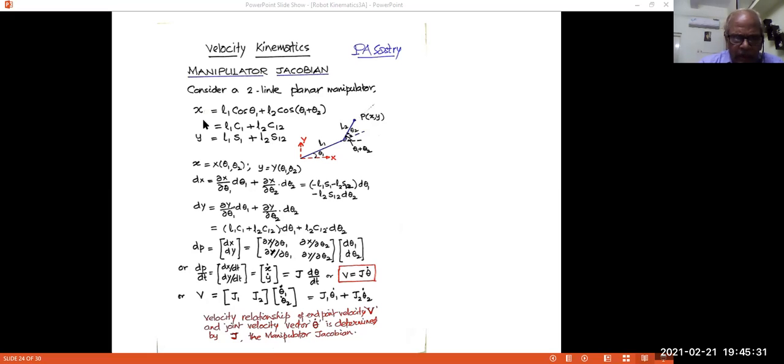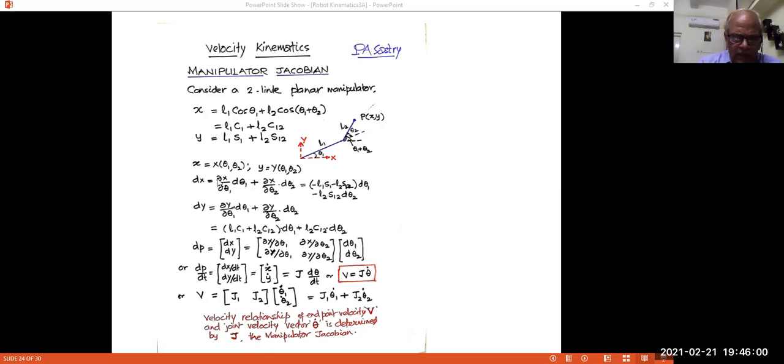I write cos theta 1 as C1, and cos of theta 1 plus theta 2 as C12, for brevity of writing. So x is L1 C1 plus L2 C12. Similarly, y is L1 S1 plus L2 S12. You see that x and y are both functions of theta 1 and theta 2.